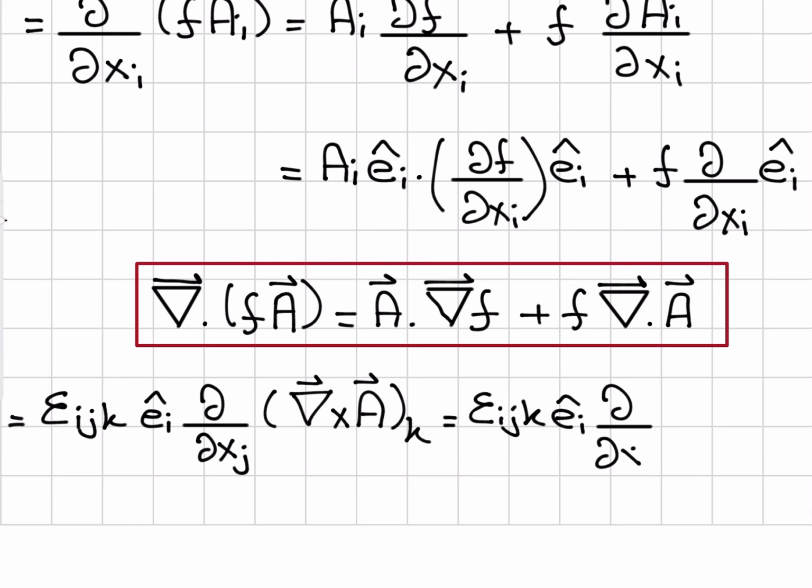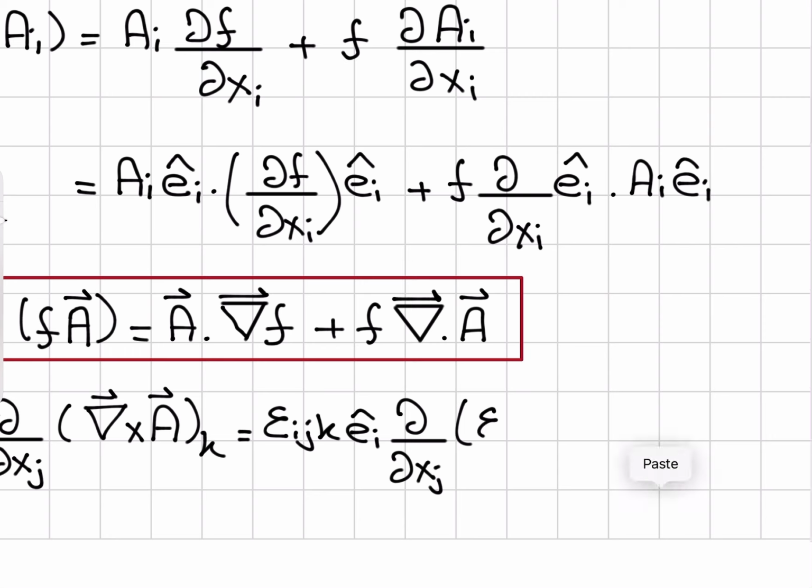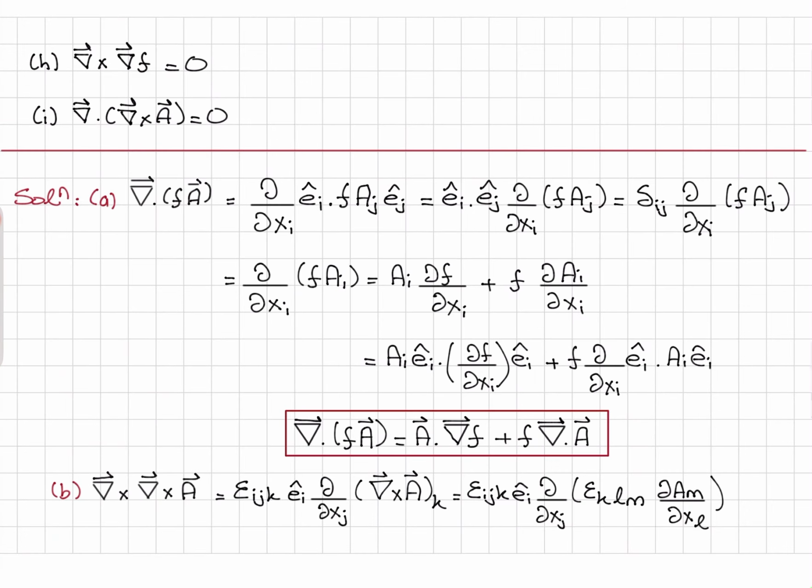Now we're going to write curl of A's kth component, that is epsilon klm, and del xl applied to am. Normally there would be an ek hat here, but it's the kth component, so we have just the component itself.